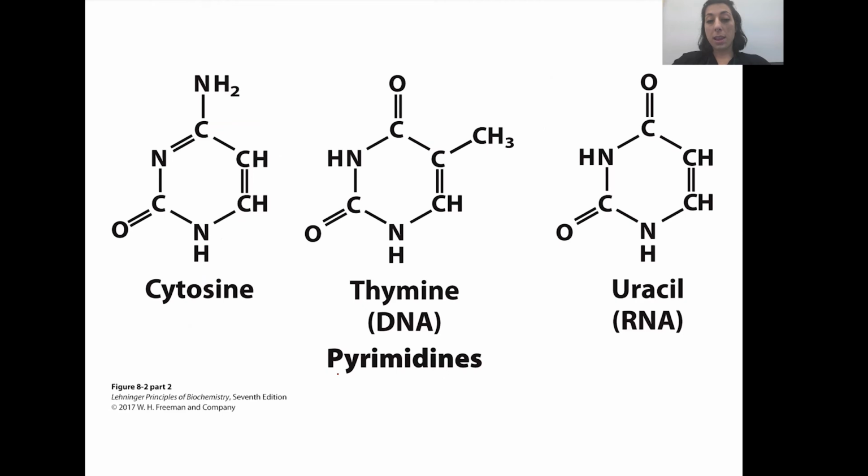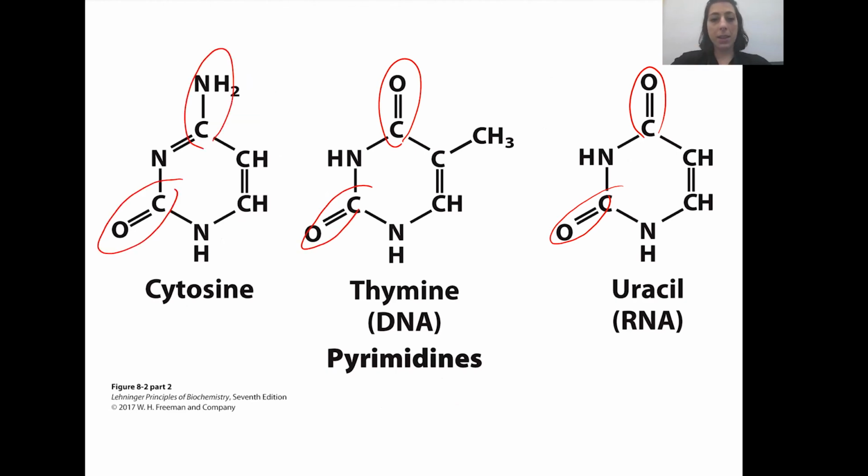Now for the pyrimidines, we have cytosine, thymine, of course, if you're just in DNA, and uracil if you're just in RNA. Similarly, these groups are distinguishable mainly by those same carbons in these positions. You can see that across the board, they all have a carbonyl group on this carbon.